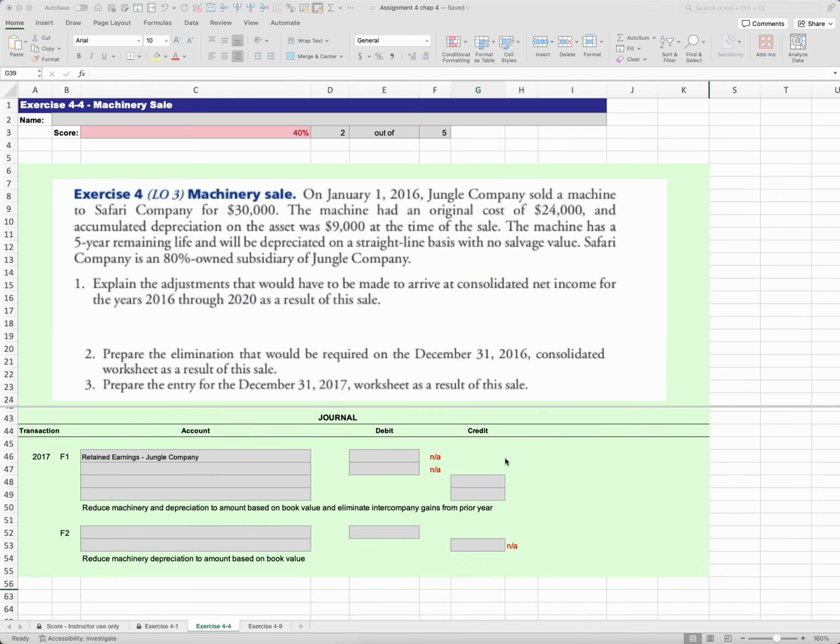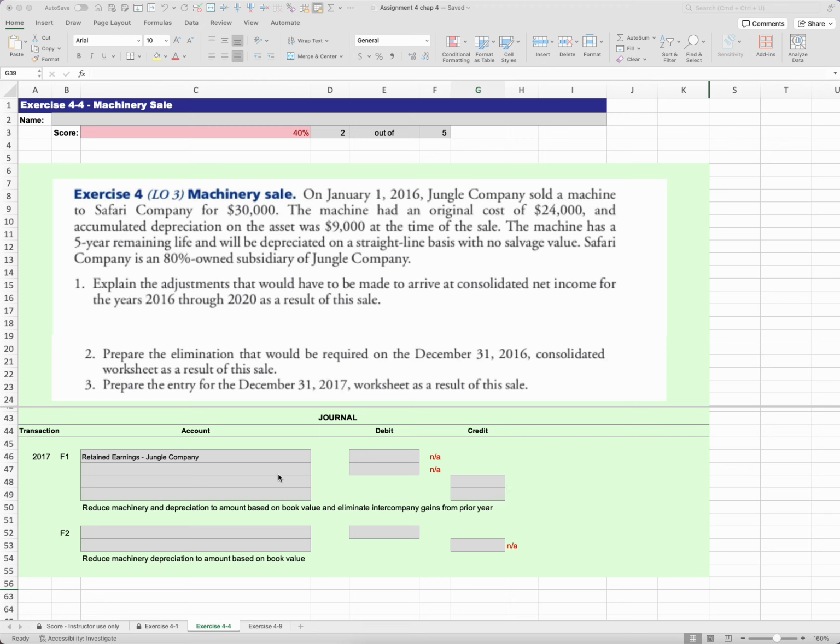In 2017, we again need to recognize that the consolidated entries were done on a provisional basis and not really recorded by either of the affiliates. So then we go back to the value of machinery at 30,000, and again we need to bring it back down to what it was to the consolidated group before the intercompany transaction occurred.